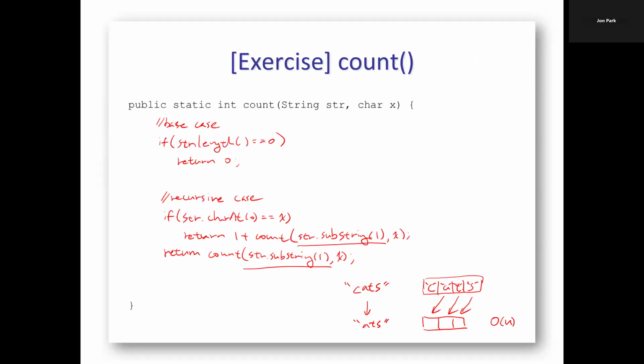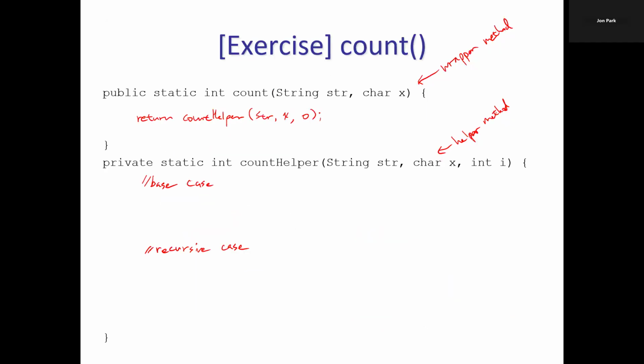Before, we always checked the 0th character because the string gets shorter by 1. But this time, the string doesn't change. You check whatever character I is. Yes, the ith character.